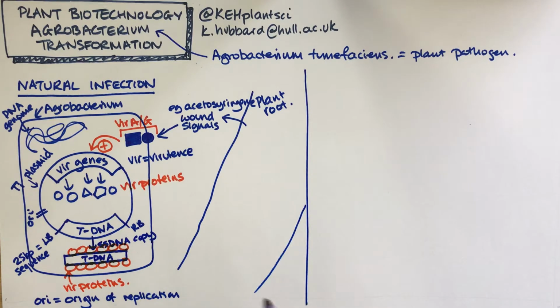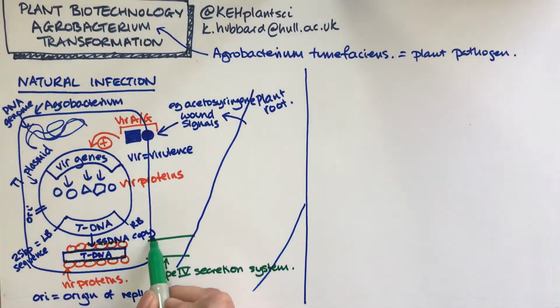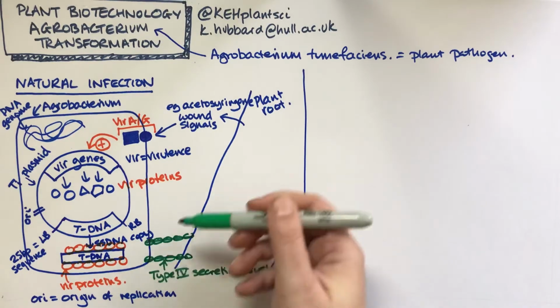And then other Vir proteins create what's called a type 4 secretion system, which is a pilus. What that means is there's a bunch of proteins that make a connection between the bacterial cell and the plant cell.